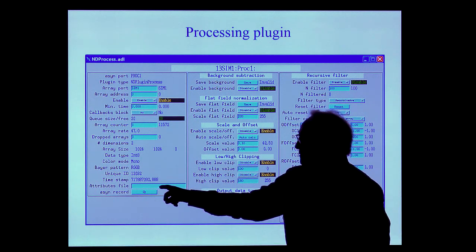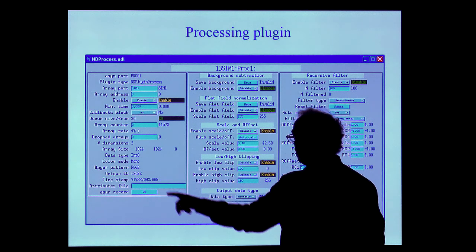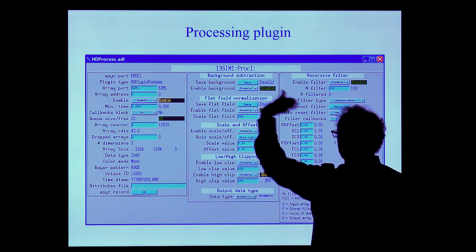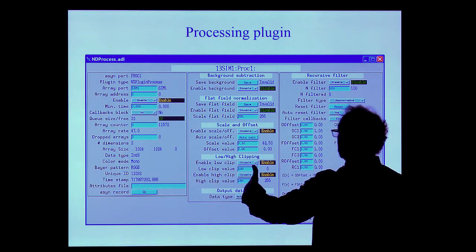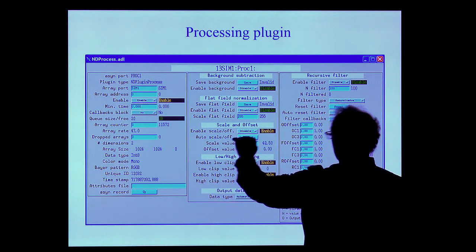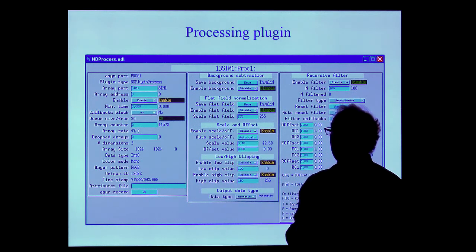What you enter in this field is the name of an XML file that is basically just a list of the attributes that you would like this plugin to add, giving them a name and a description, and saying where they get their value.